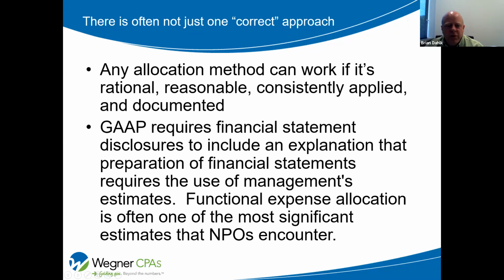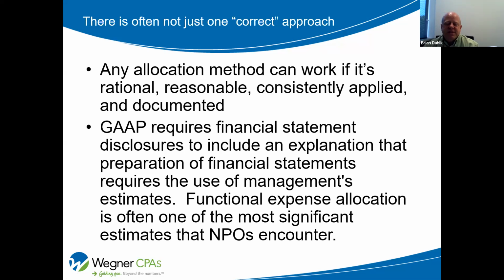Generally accepted accounting principles do not require you to have a written plan, like I said. One of the things that GAAP does require is to disclose in all financial reports that the preparation of financial statements involves estimates on behalf of management, and estimates are a part of getting the financial statements prepared.